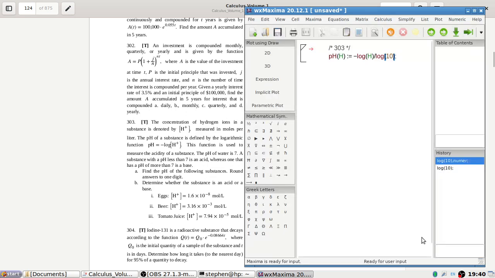Okay. So pH of 1.6 times 10 to the power of minus 8. Okay. 3.16 and 7.94.